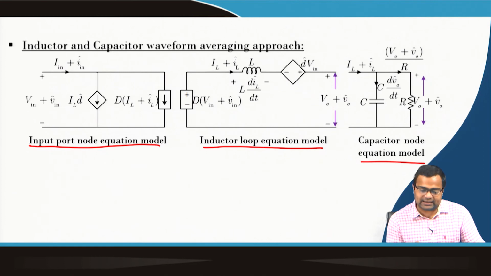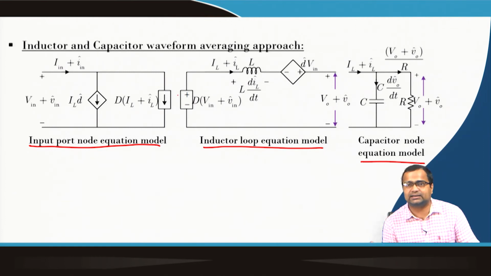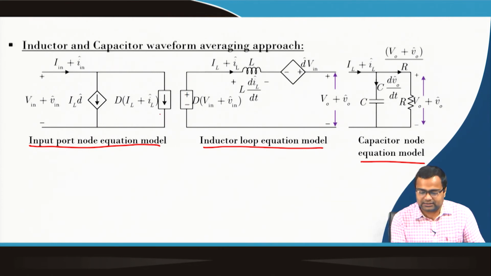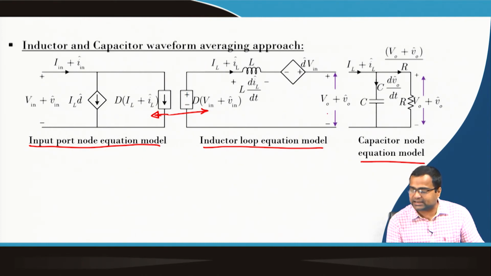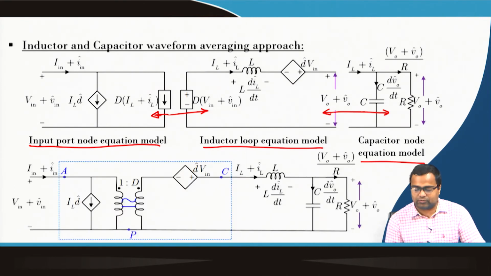So, in this technique we can put these 3 circuits side by side, and these two we can replace with a DC transformer, and since there is no ESR, we can simply connect these two terminals. So, we will get the overall circuit like this by putting in a DC transformer.